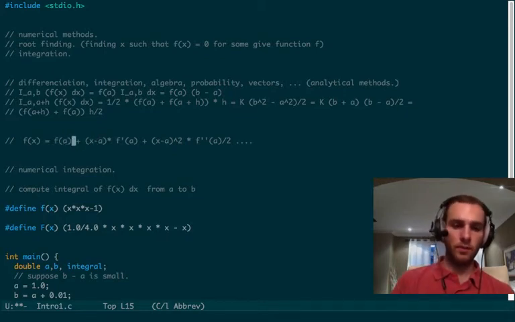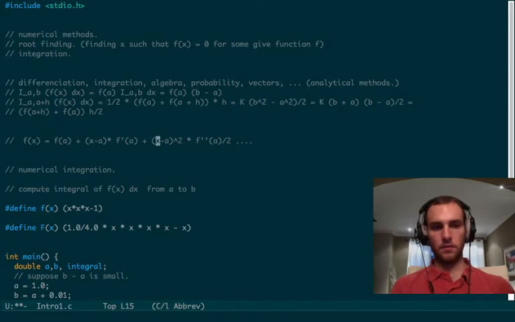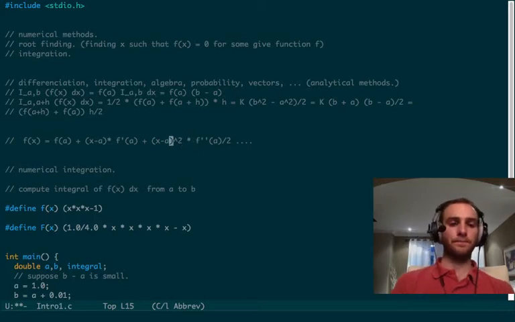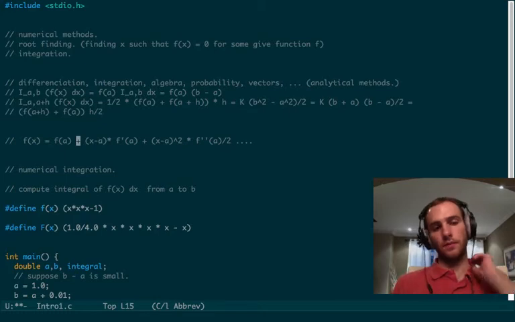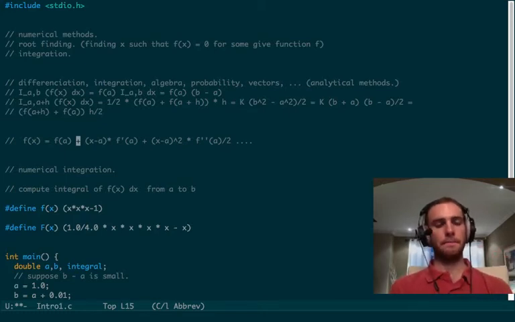And then as you get farther from a, more and more of these terms need to contribute to correct for the fact that the function is not a constant, it's not linear, it's not quadratic. But as long as you stay relatively close to a, it's fine in most cases.